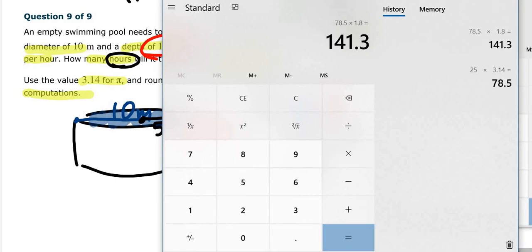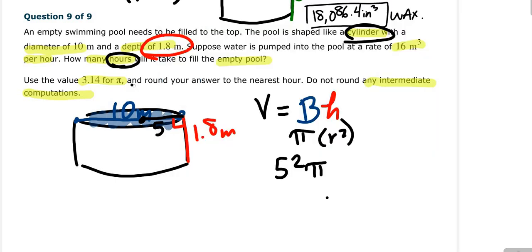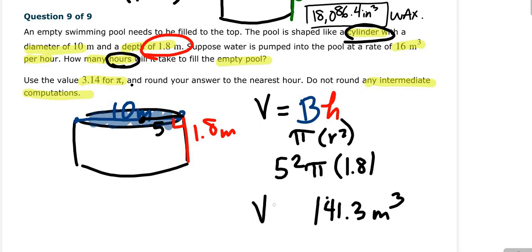Do not round in intermediate steps. So the volume right now is 141.3 meters cubed. That's the actual volume here.